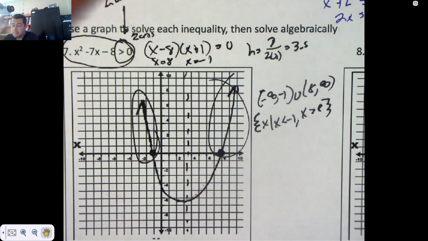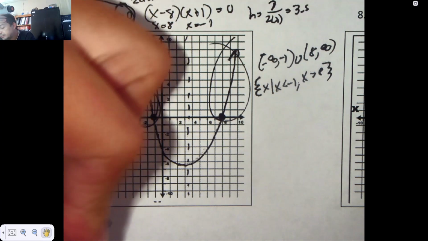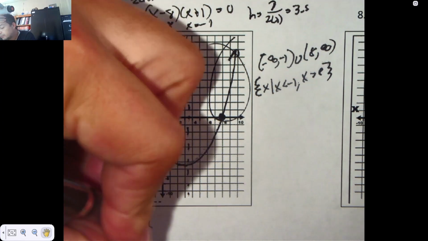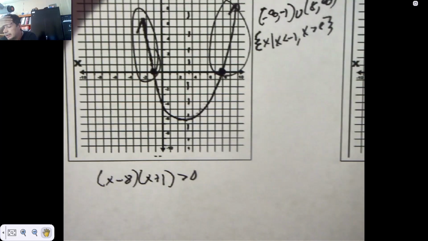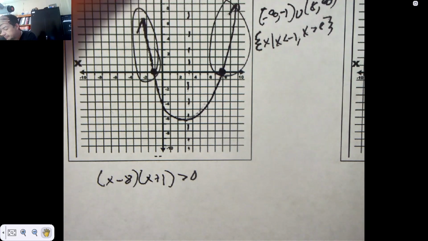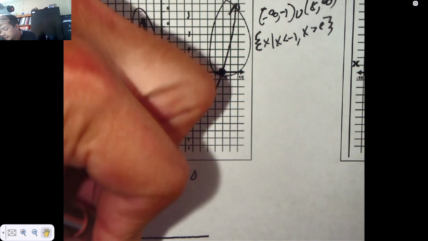Now, solving algebraically is very, very close to how I just did it. I take the thing and I say it's more than 0, and I factor it. That's what I do. I factor the thing. And you were supposed to do this in Algebra 1. I don't know if you did or not. Even solving algebraically, you still have to do something kind of funny.